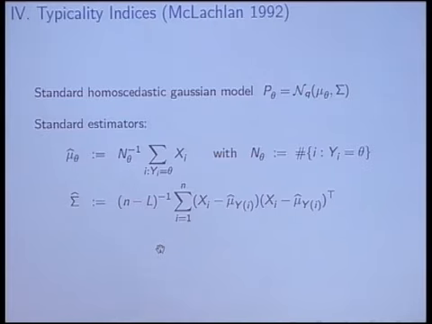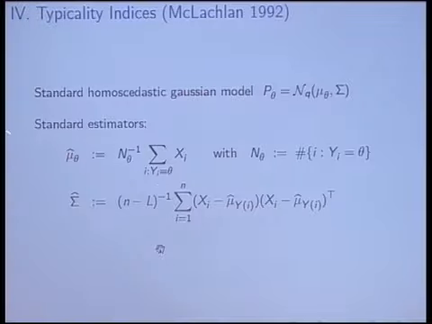It's about p-values, but these p-values have not been designed for classification. It was more coming from quality control, but nevertheless it's good to illustrate the concept. So we have a standard homoscedastic Gaussian model: a q-variate normal distribution, a common covariance matrix, and different mean vectors.